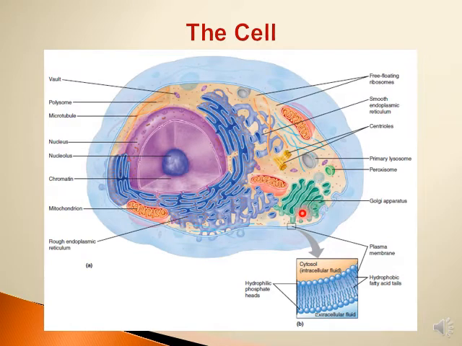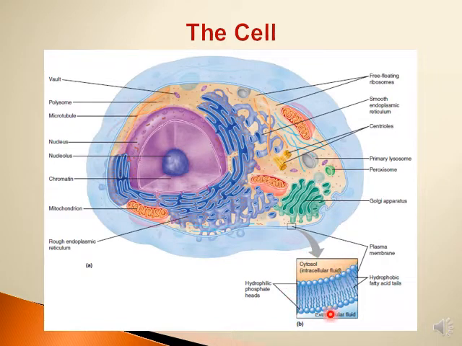We have here this organelle, which is called the Golgi apparatus, which has very important functions in the body that we'll see later. We have lysosomes, peroxisomes, and centrioles among the different organelles that are present inside the cell.